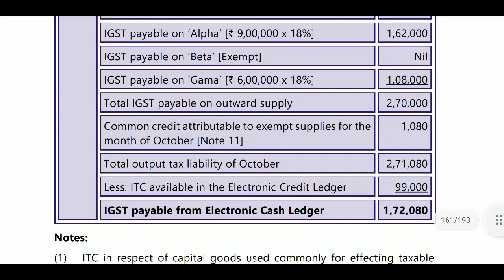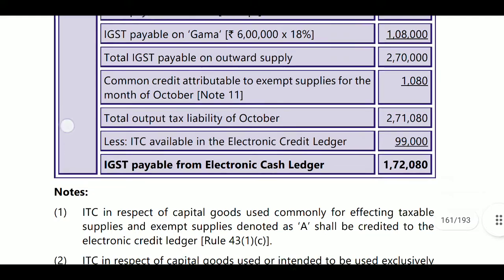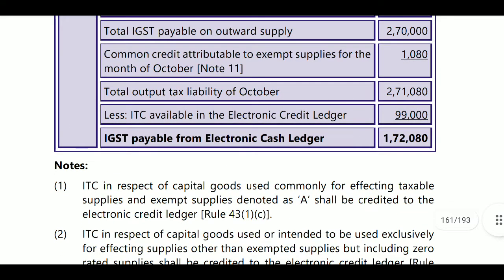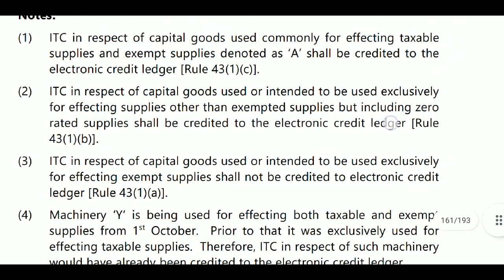It will become the total output tax liability of October, 2,71,080 rupees. This is added back to the output tax liability, being the common credit utilized for that month. Next, less ITC available in the electronic credit ledger, 99,000. So IGST payable from the electronic cash ledger will be 1,72,080 rupees. Next, notes.